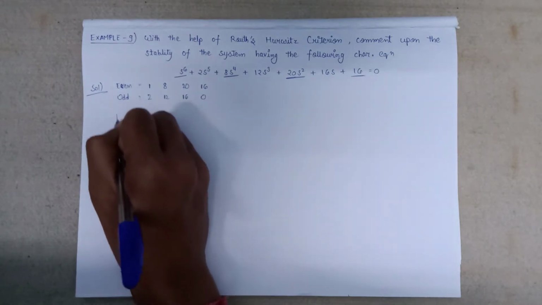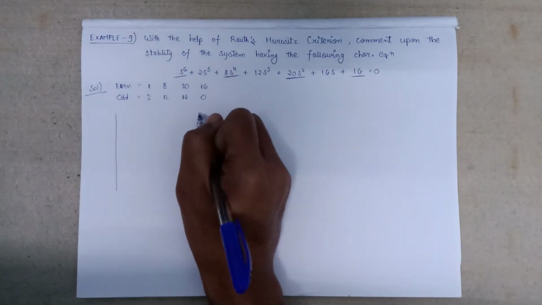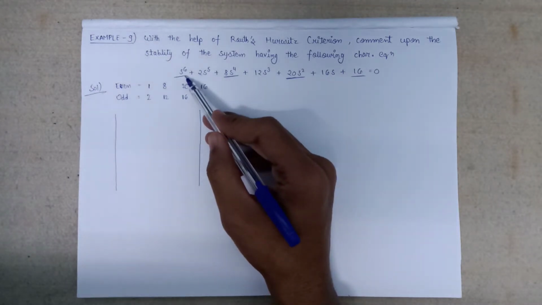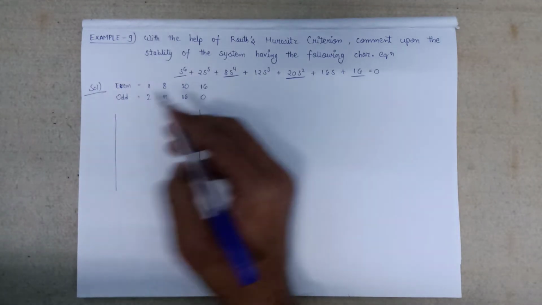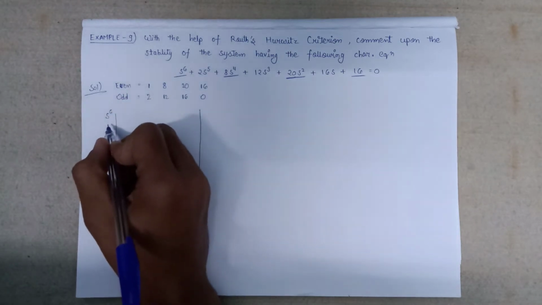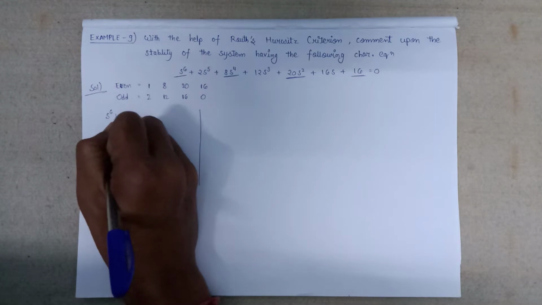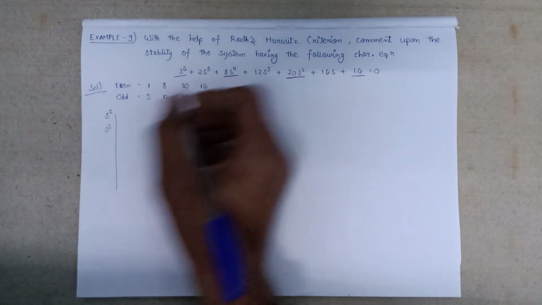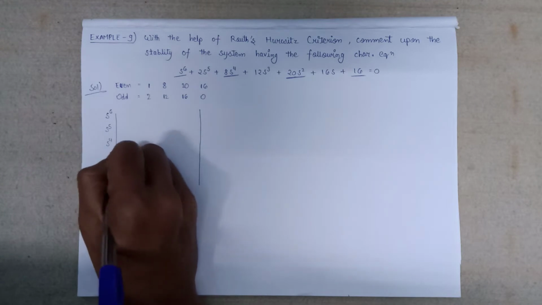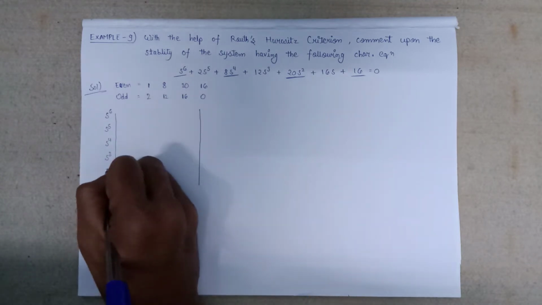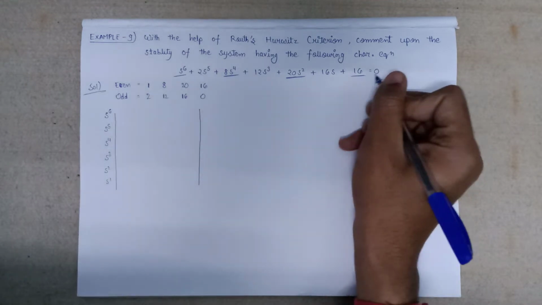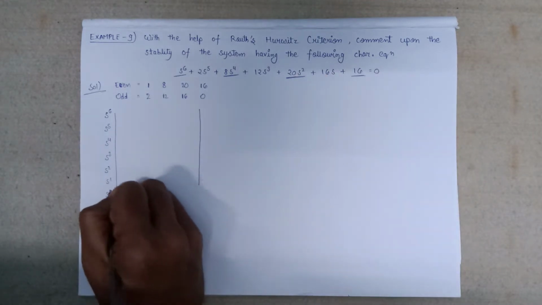Let's form the Routh array. The highest power of s is s to the power 6, so it will come here. After that s to the power 5, then s to the power 4, s to the power 3, s to the power 2, s to the power 1 and s to the power 0 finally.